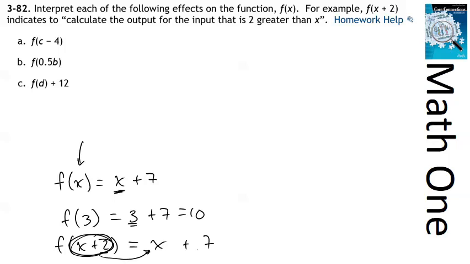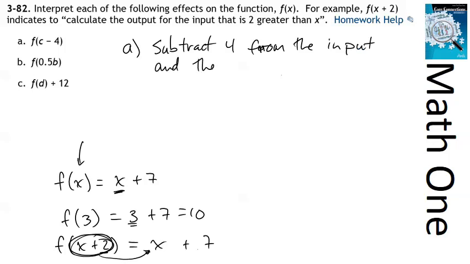So if we look at A, what this is saying is, hey, your input for this function, subtract 4 from it, and then put that value into the function. So I'll just put that, subtract 4 from the input, and then evaluate the function.